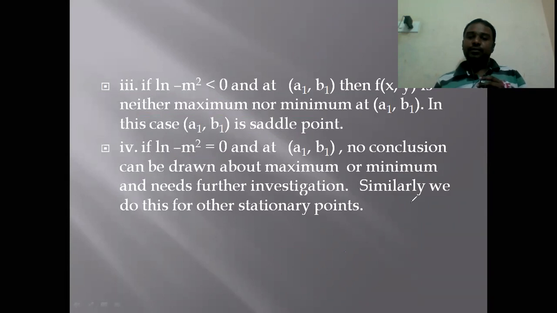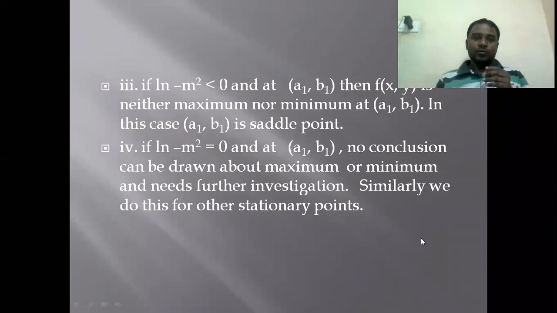Like that, we check these conditions. Based on these conditions, we give conclusions. So like this, with this procedure we can find the maxima and minima values of any function, for the single variable and for the two variable function. So thank you.